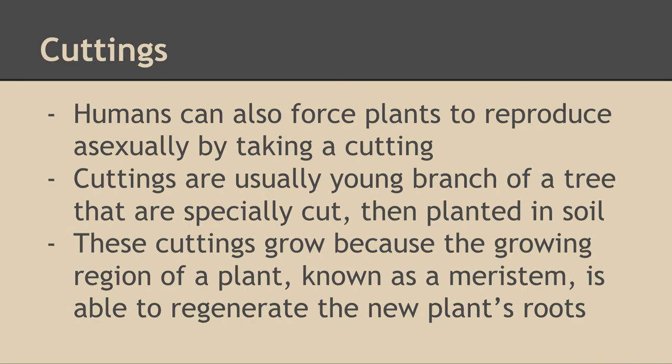And these grow because there's a region of the plant called the meristem that is actually able to regenerate roots. So if you cut it in the correct way at the correct place with the right species of plant, you can actually trick the plant into growing brand new roots and create a new individual.